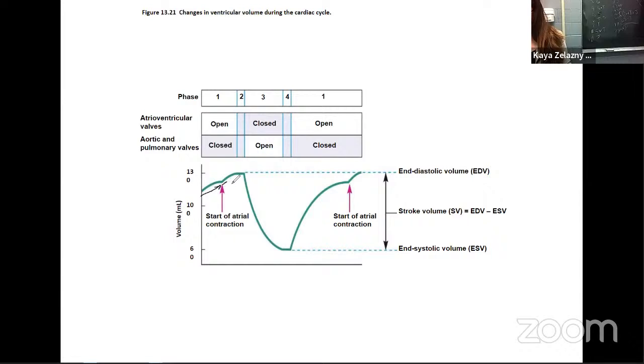As the atria contract, ventricles are still filling. And we hit our peak right before the ventricles start to contract. So it's our end diastolic volume, because this is at the end of that relaxed phase. And then we see no volume change here during this phase. What was this phase called? Phase 2?